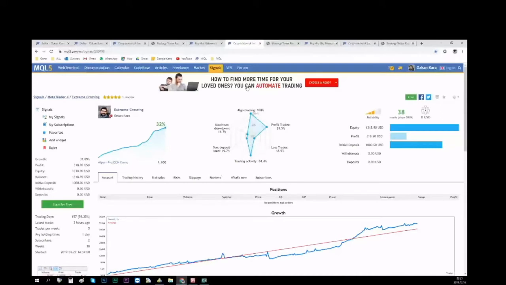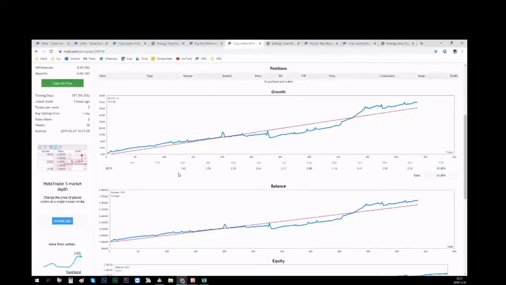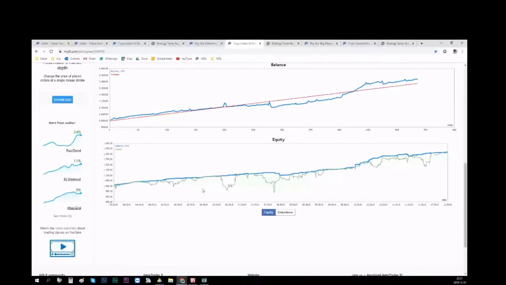So we can look at the live performance here. As you can see, every month it gains little profits, but stable. Stabilization is the most important thing for me. And because of the higher lots, as you can see, there are these big drawdowns here.